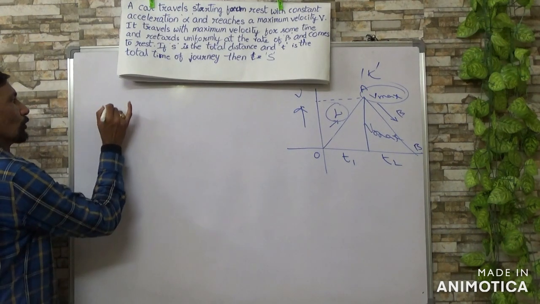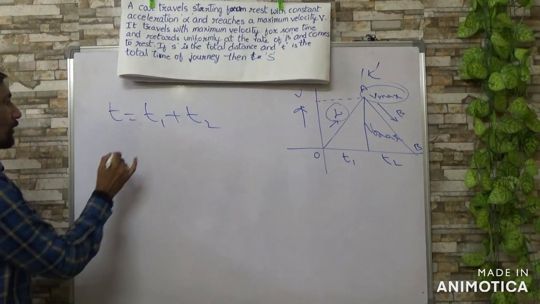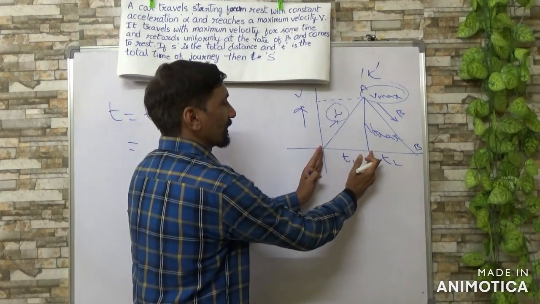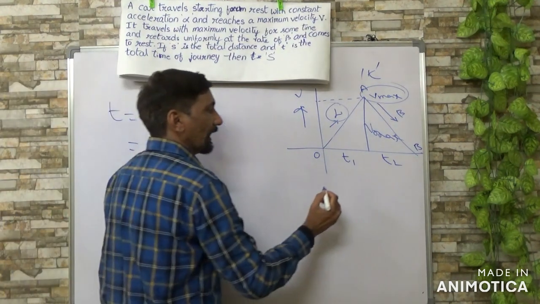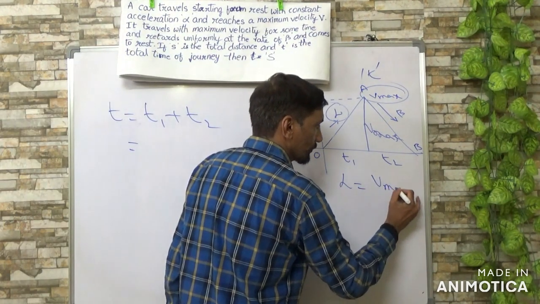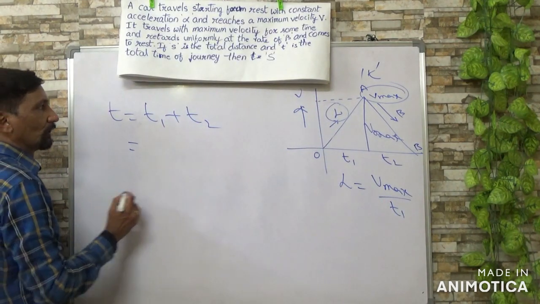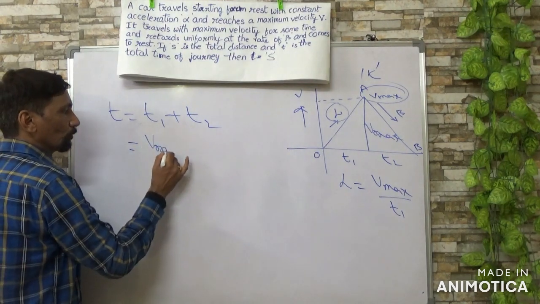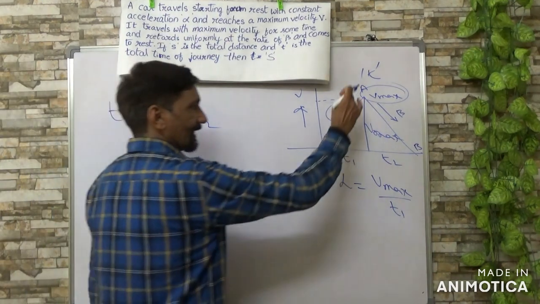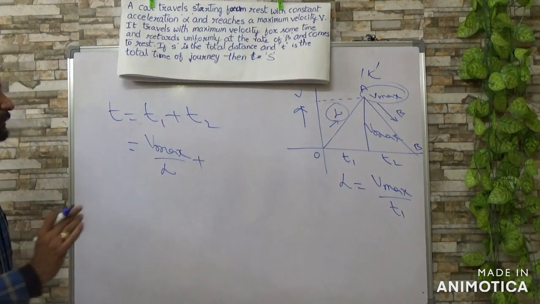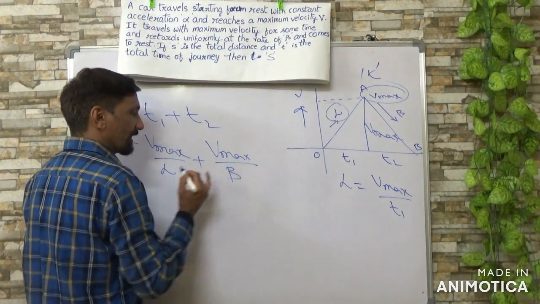Okay, so you know the total time of journey is t1 plus t2. Now t1, this part, acceleration is known, velocity known. So you know acceleration is equal to velocity by time. So t1 is equal to v max by alpha. Now second case, deceleration, that is v max by beta.